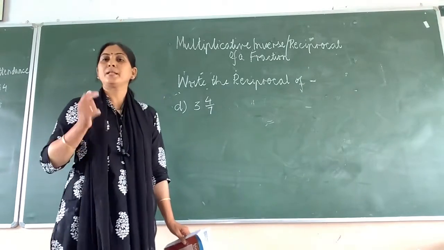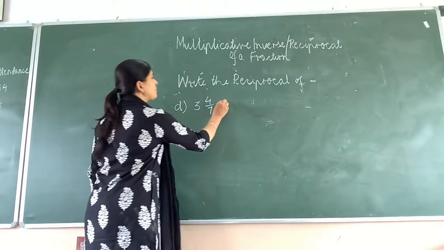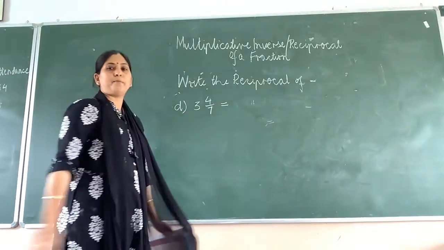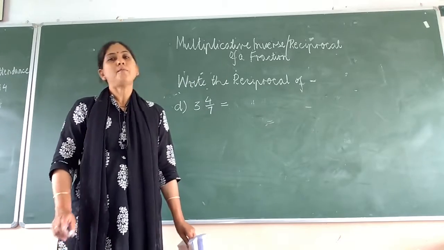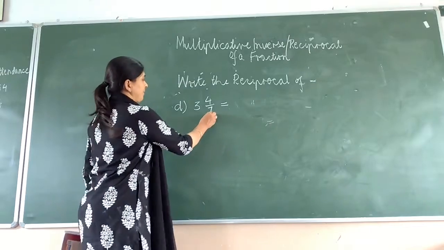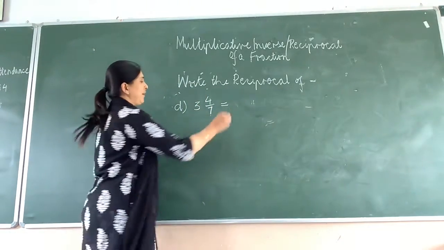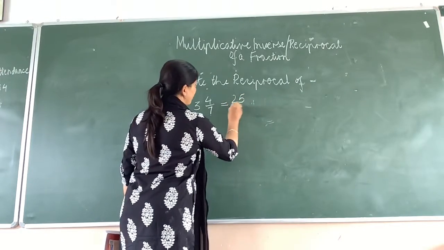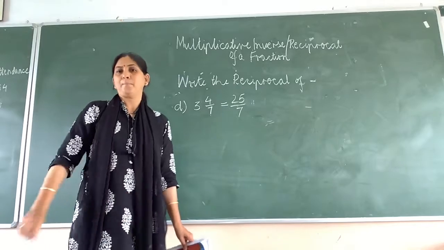To write its reciprocal, first we will change it into an improper fraction, and then write the reciprocal of the improper fraction. 7 times 3 is 21. 21 plus 4, 25 over 7. So we have changed this mixed fraction into an improper fraction.